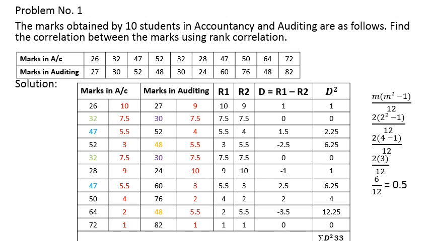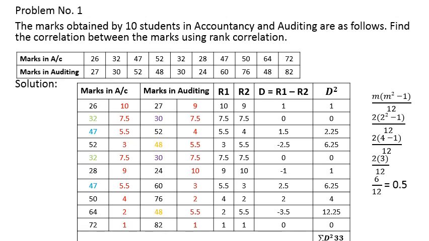Next highest is 48. So that 48, the value of 48 repeated twice. So now you have to consider average of rank, that is 0.5. So 5.5. Next highest is 30. So that value also repeated. So 7.5. If it is not repeating, then it is 7.